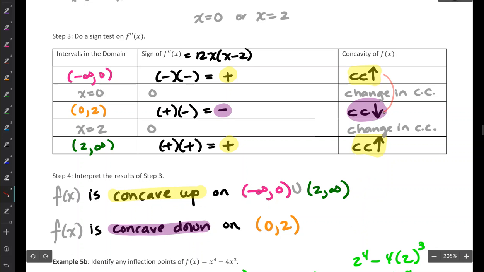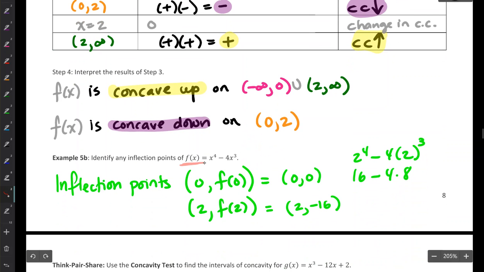Where we change in concavity, going from concave up to concave down or down to up, those are places where we have inflection points. Remember, inflection points are on the original curve. These are all x comma y's. Excellent. We're done.